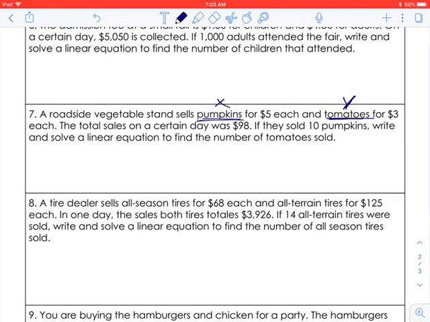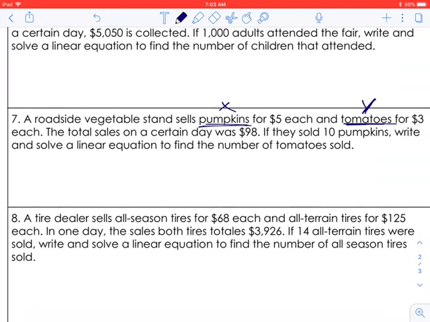Okay? So if I've got $5 for each pumpkin, that's going to be 5x plus $3 for each of those, so 3y equals the total sales on a certain day, which was 98. So there's our total, $98.